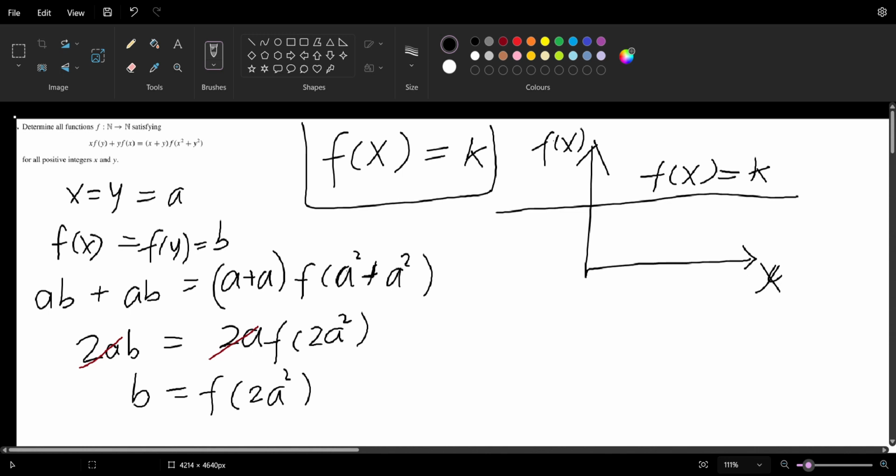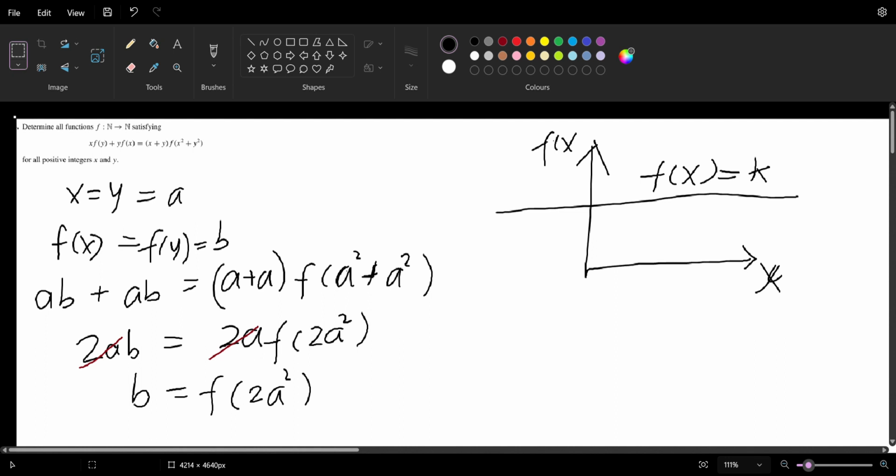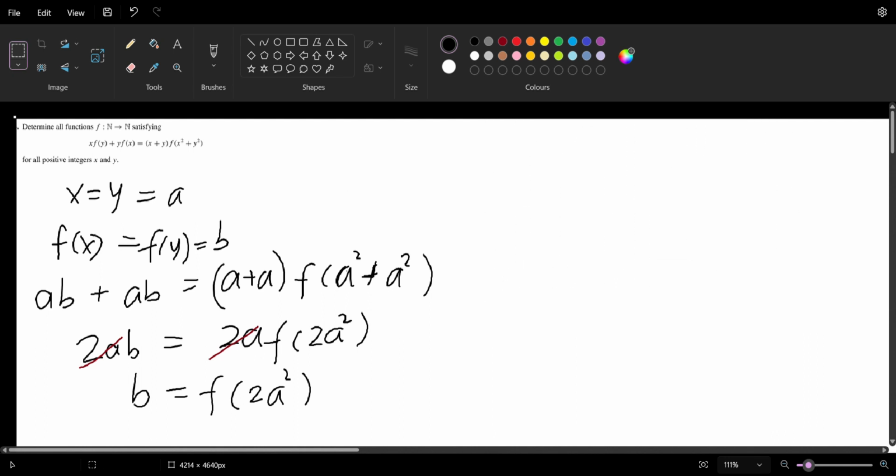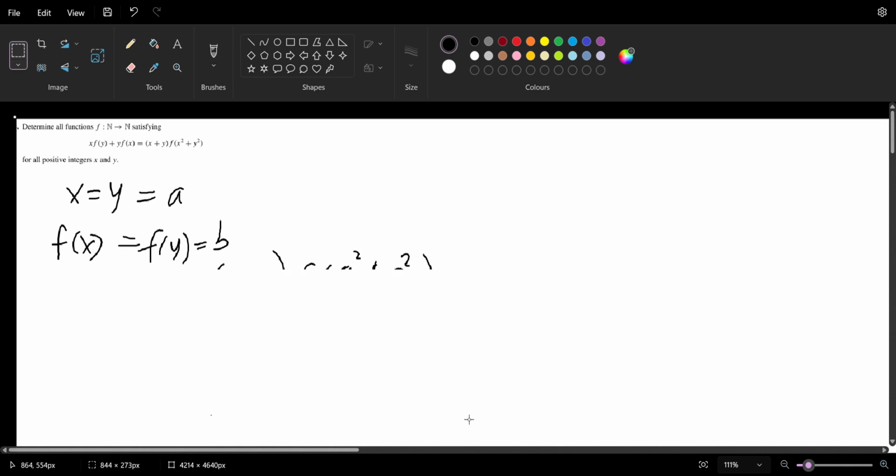Now the question is, are there other functions? Let's test something. In this one, we assumed a was positive, so f of x equals k is positive. So what if f of x is equal to a negative number? Let's see whether it will satisfy the equation. I actually don't know.